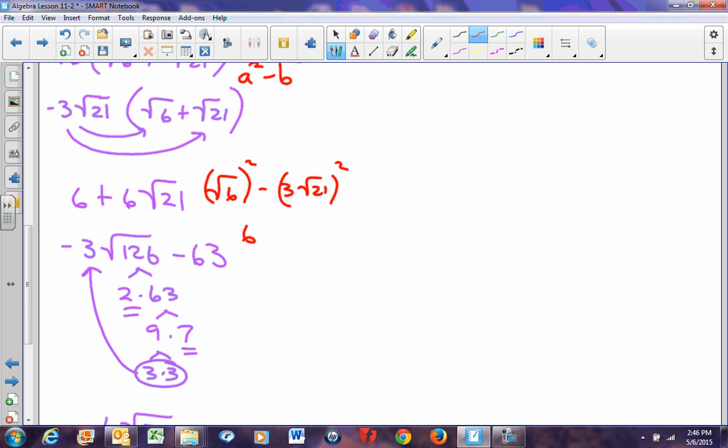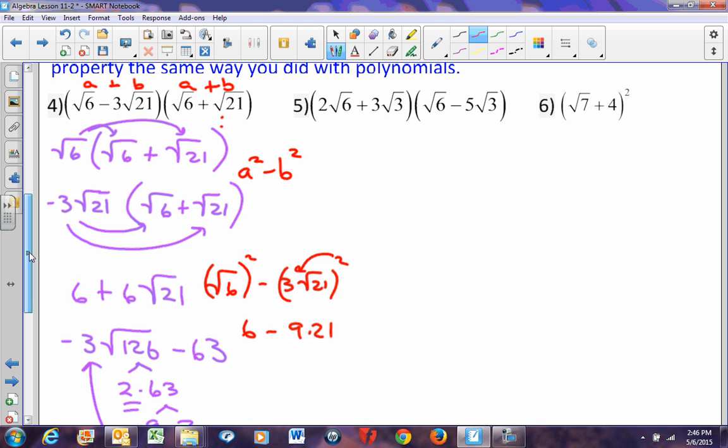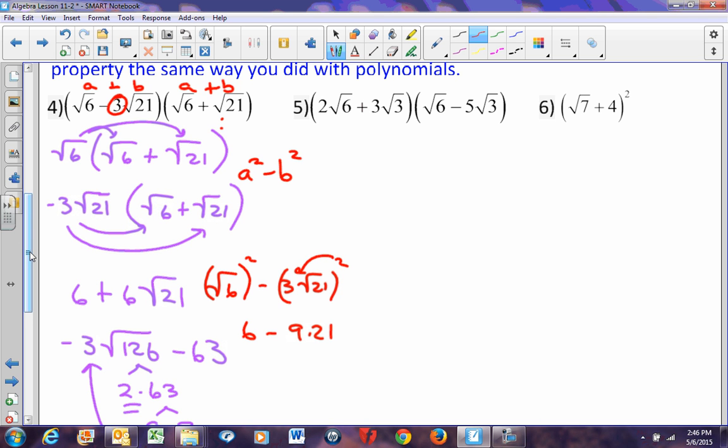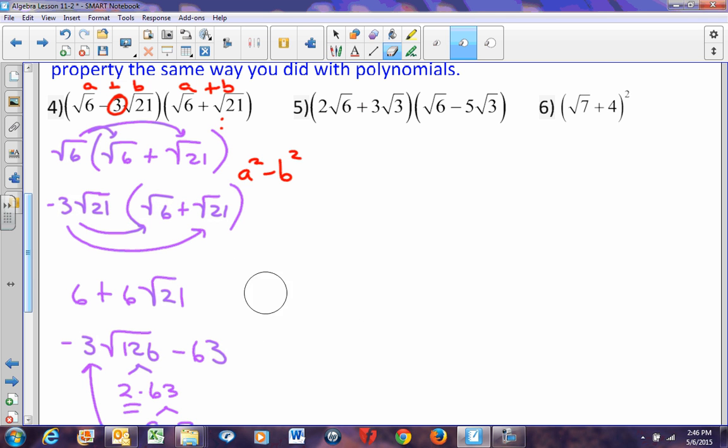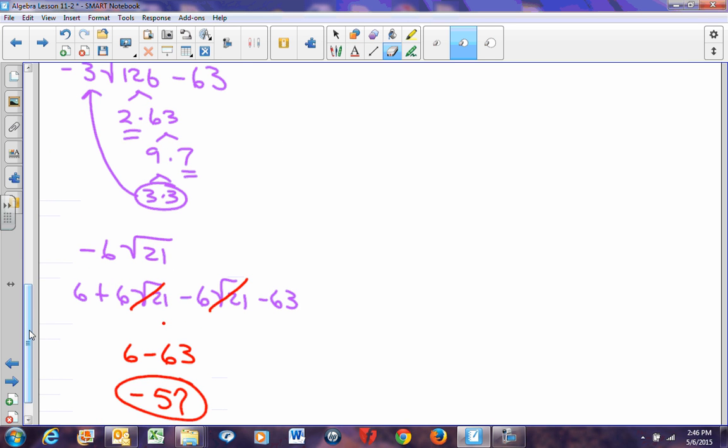So this would have been 6 minus 3 squared is 9 times 21. Oh, no, it's not, because it's not an A squared, so I have that right there. Never mind, that was wrong. Erase that. Make a mistake. Ignore everything. The final answer is the final answer. We're good. But we still end up with negative 57.